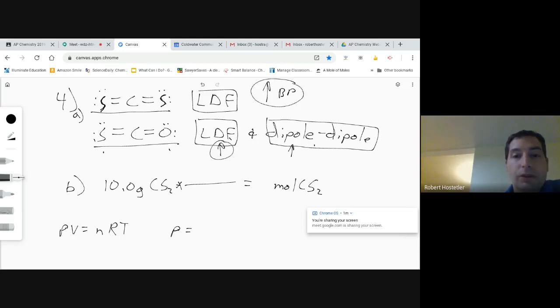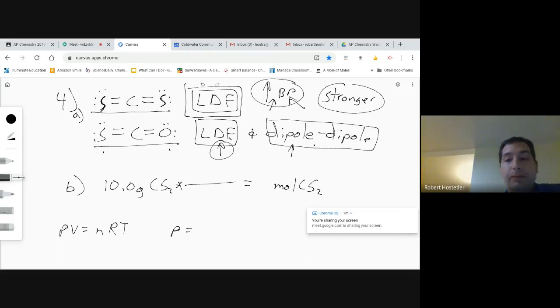So really, you just take this information here about the boiling point and you say that the London dispersion forces of the CS2 must be stronger than the combined forces in the SCO of the dipole-dipole force and the London dispersion force. We know it has to be stronger because the boiling point says so.